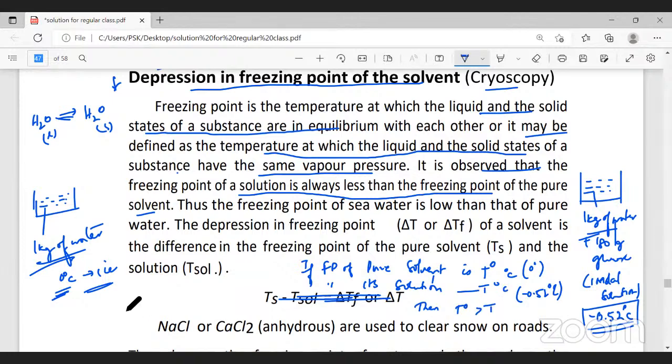So therefore, we can define depression in freezing point. We represent it as delta Tf, which is equal to T0 minus T.